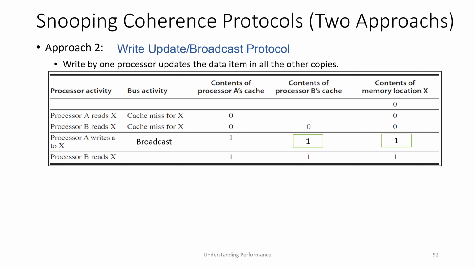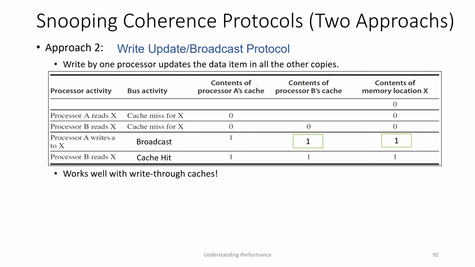This is the main difference between write-back and update based protocols, okay? And what happens in this is that the next time processor B tries to read, it can potentially experience a hit because it already has an updated value. Earlier, in the previous approach, it was a miss again, okay?